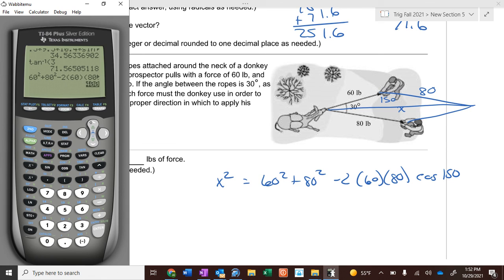Whoops. And then take the square root of that answer.